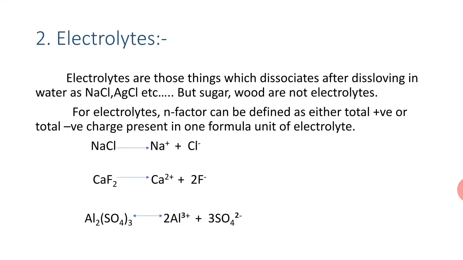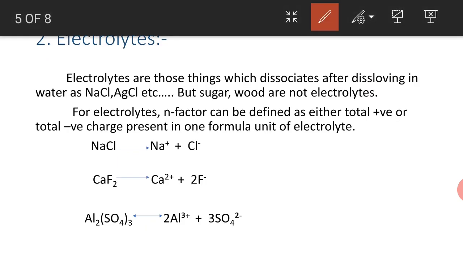Next, we will talk about electrolytes. How can we decide the N factor of electrolytes? Electrolytes are those things which dissociate after dissolving in water, such as NaCl and AgCl. All the things which dissociate in water are known as electrolytes.